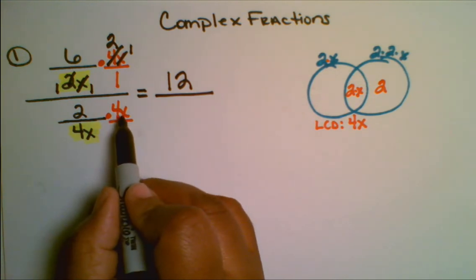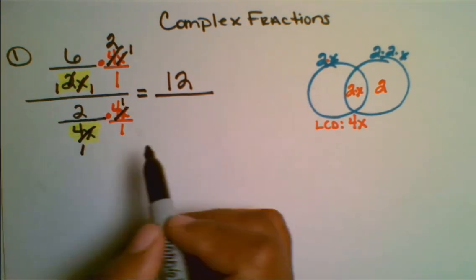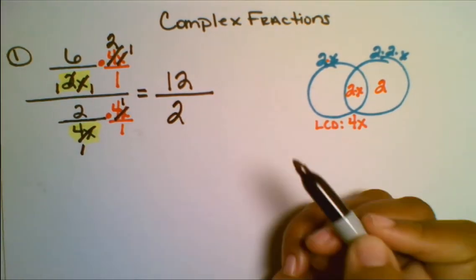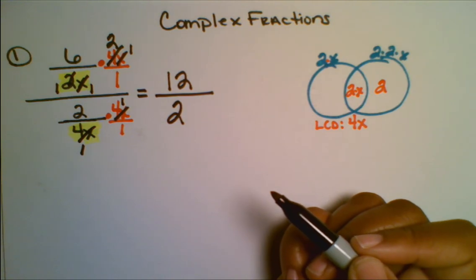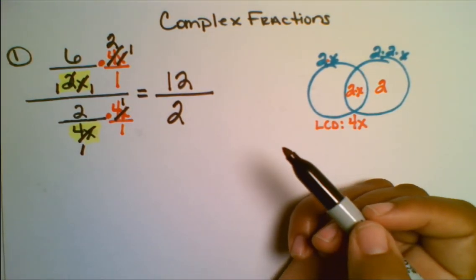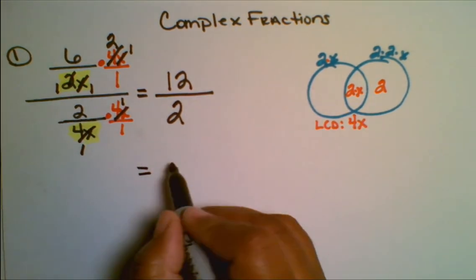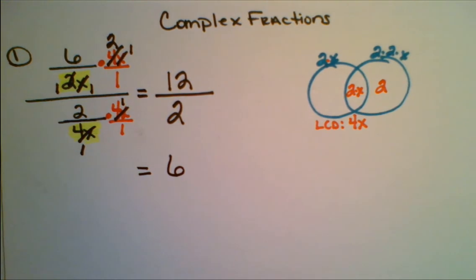Does it divide into our LCD? It does. So the 4x's divide out and we're left with a 2 that's remaining. And then we have a fraction that's in reduced form. Then 12 over 2, reduce that, and we have a solution of 6.